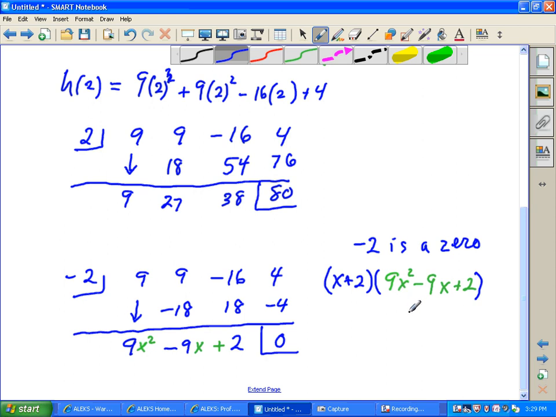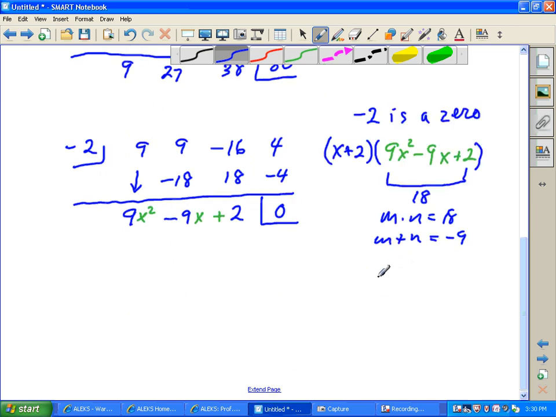So I'll do it by factoring, but if you don't know how to factor, you can use quadratic formula. I'm going to look for 2 factors of 9 times 2, 18, that add up to negative 9. So they have to multiply to give 18 and add to give negative 9. And the two numbers that do that are negative 3 and negative 6.